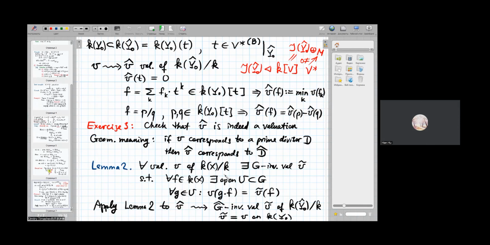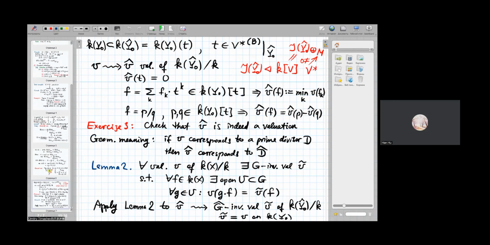So this lemma says that for any valuation on the function field of any spherical variety, there exists a G invariant valuation on the same function field, which approximates your given valuation V in this sense. So this lemma may be called an approximation lemma. Maybe I will use this name just for reference.